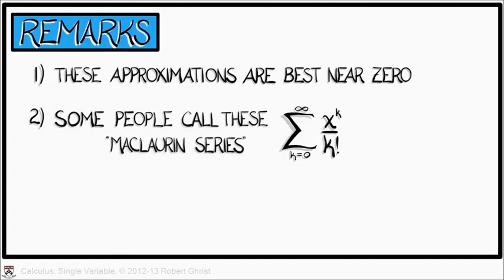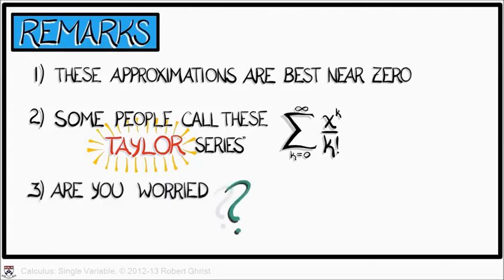And second of all, sometimes you will see the term Maclaurin series used to apply to infinite series of this form. I choose to use the notation Taylor series exclusively, and in a few lessons we'll see exactly what type of Taylor series we're talking about when we write out things in this form.